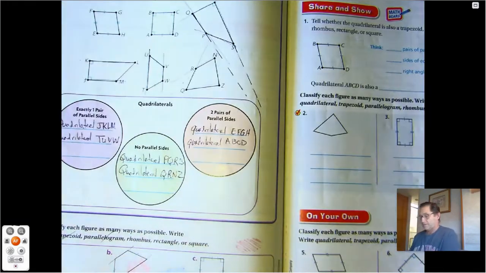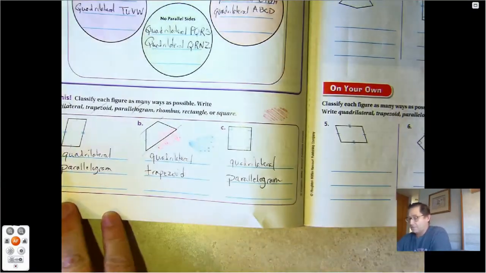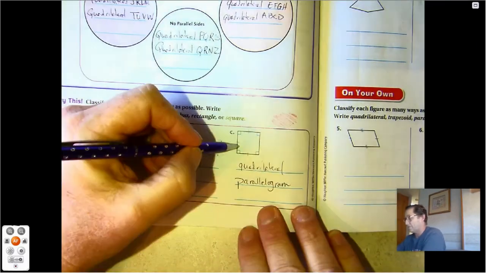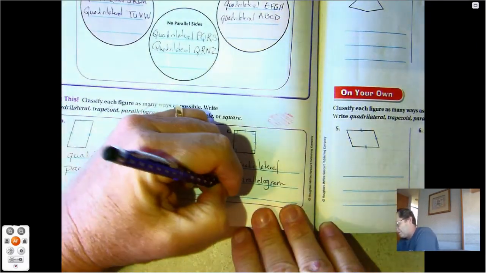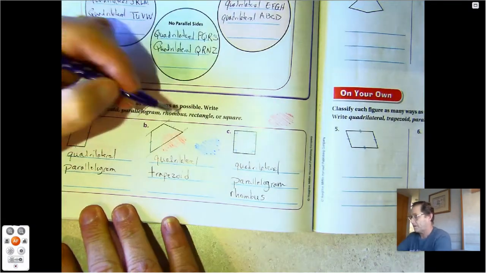Okay, so let's look at our shape. Four sides of equal length? No. Four sides of equal length? No. Four sides? Yes. So this is also a rhombus. Okay. A rectangle.